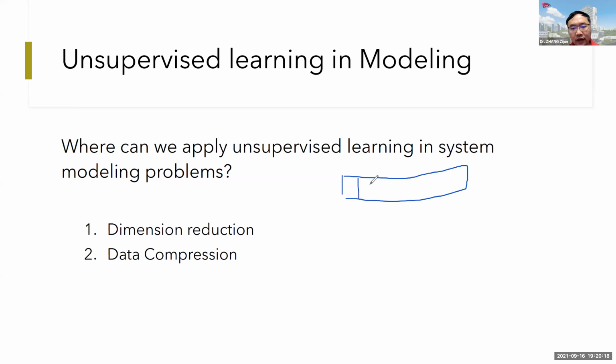Assume I have a vector, which is the input, capital X. It is a vector of attributes. It contains x1, x2, x3, and up to xn.